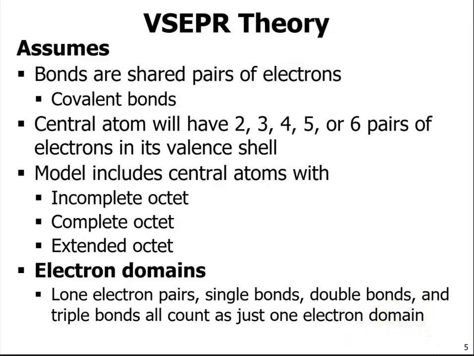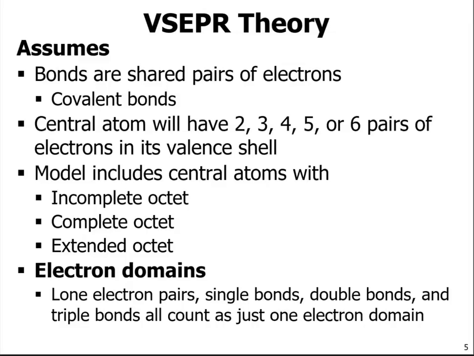And the models include a central atom that will have an incomplete octet, which, like we were talking about in the last section, we have to add electrons from other atoms to fill those octets. They could have complete octets or extended octets, obviously, if we want to go beyond 4 different bonds to the 5 or 6 pairs of electrons.